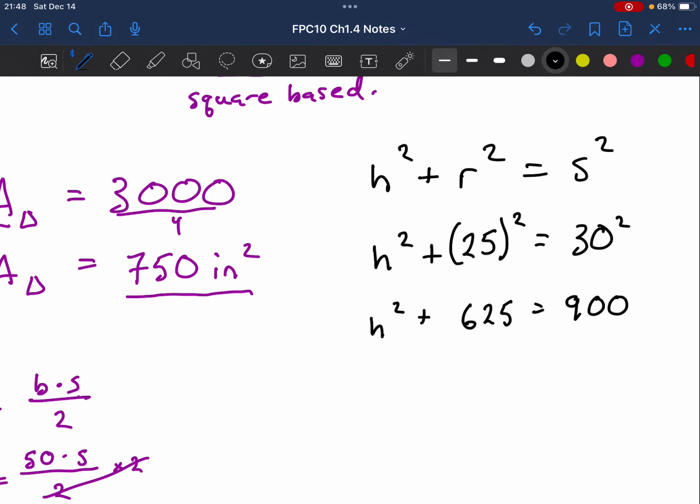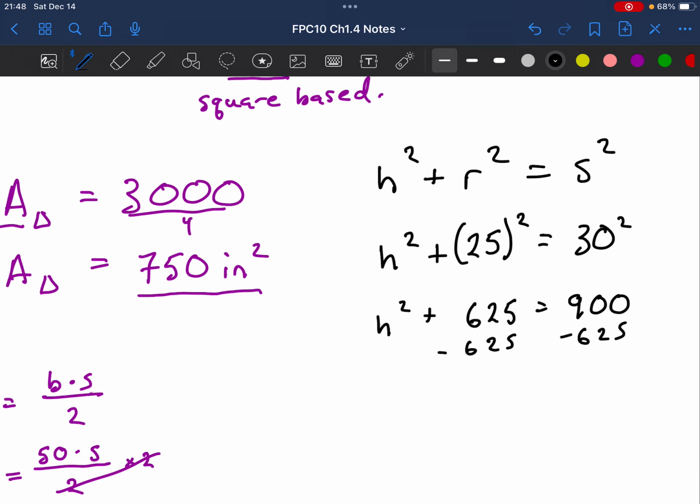So to do the opposite, I have to take away 625 from both sides. So what is 900 take away 625? 275.